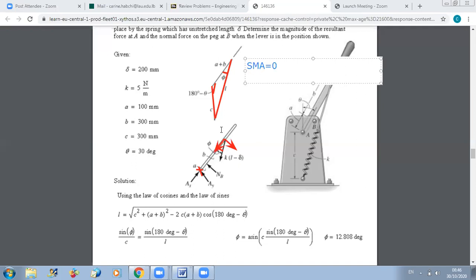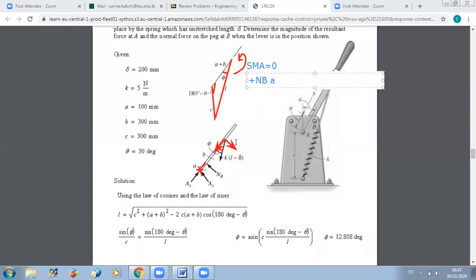If we choose the counterclockwise direction as positive, we have that the moment of NB is counterclockwise, so it's plus NB times this distance, which is small a.